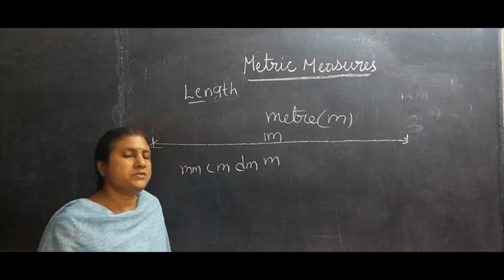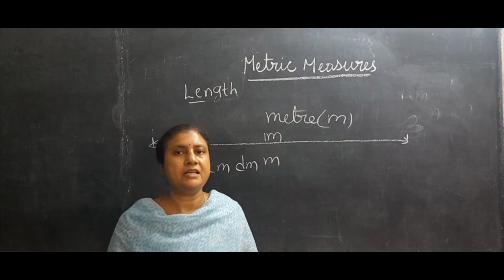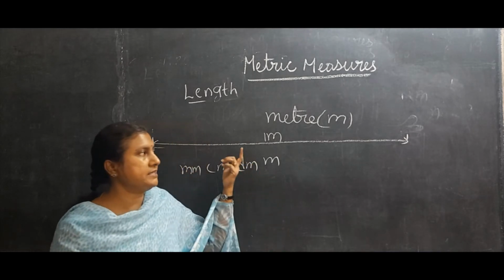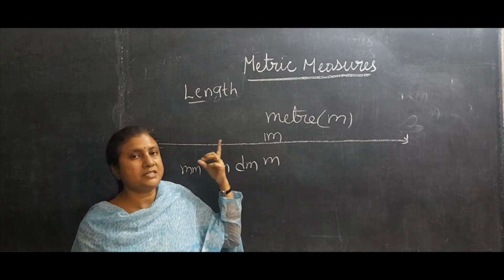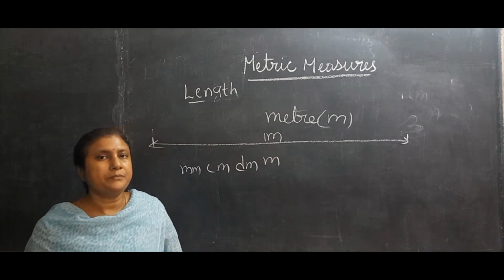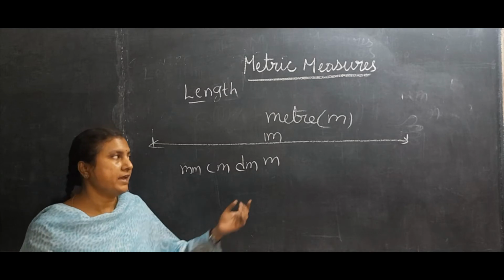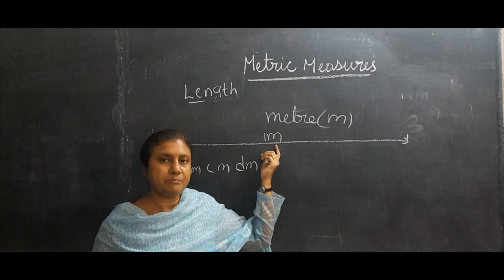And suppose if you want to find the distance between Chennai and Delhi, that time we can't use this meter length, isn't it? This is a smaller length comparing to the distance between Chennai and Delhi. That time we need bigger measurements. We have 3 bigger measurements which are greater than this meter.